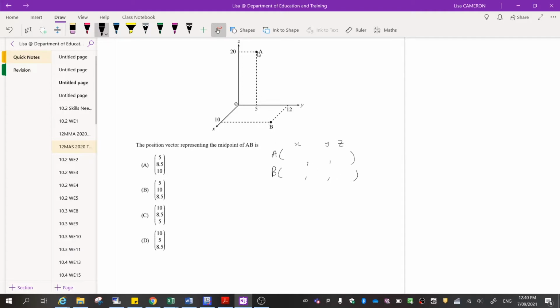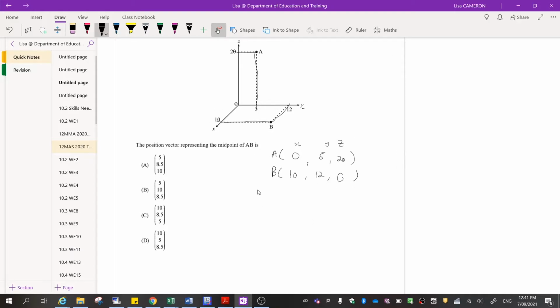So this point A is made up of 20Z and 5Y, no movement on the x-axis. And then B is made up of 10x and 12y. Okay, and that means it's got a displacement of 0 on the z-axis.